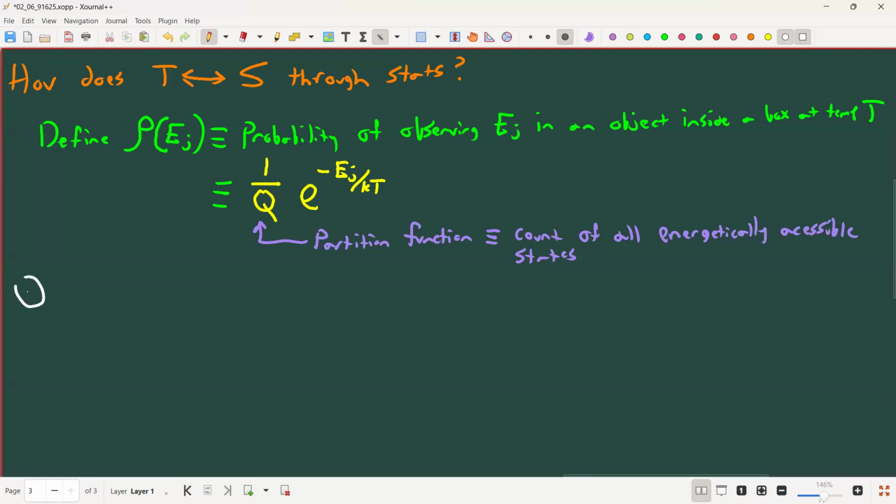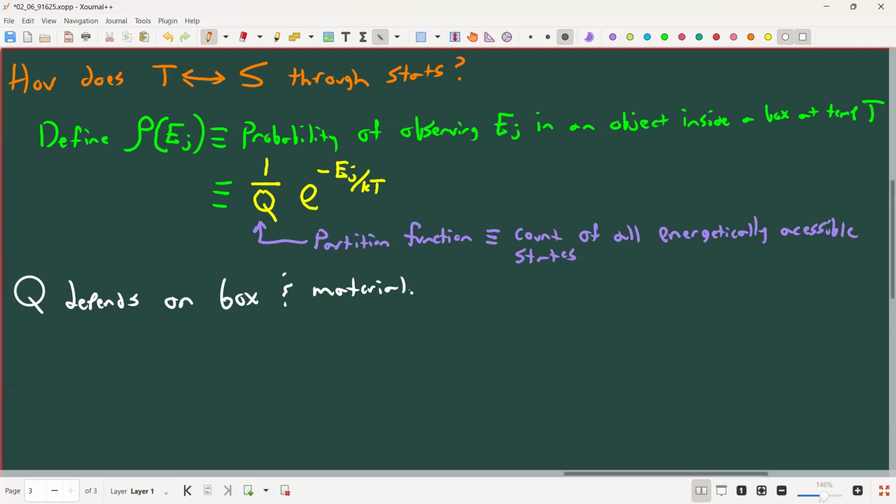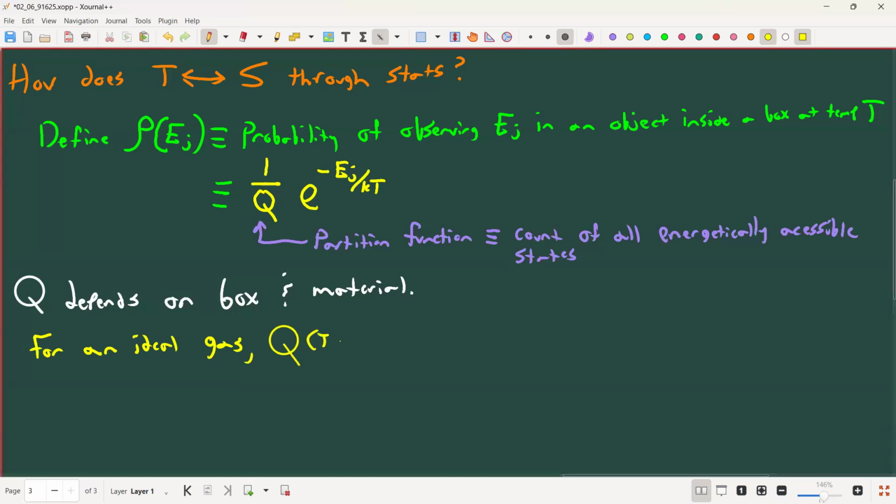Q depends on the box conditions and material. But thankfully, for an ideal gas, it has a nice closed form expression, and it's the one that I give you in the homework.